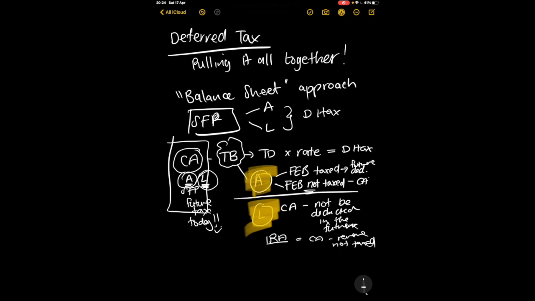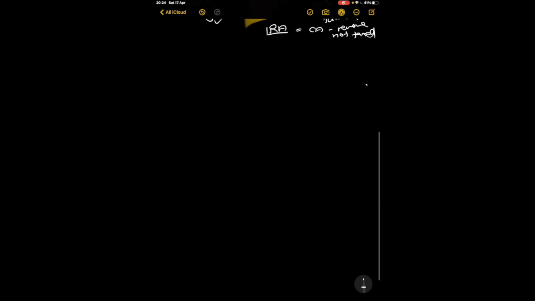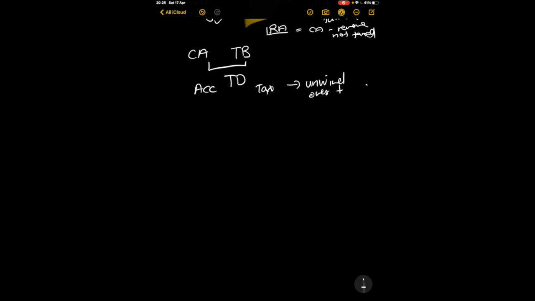Now let's move on and think about our temporary difference. When I compare my carrying amount and my tax base, if those two differ, we call that difference a temporary difference. A temporary difference only occurs if the difference between accounting and tax will unwind over time.